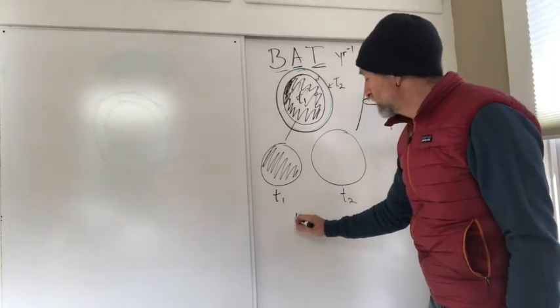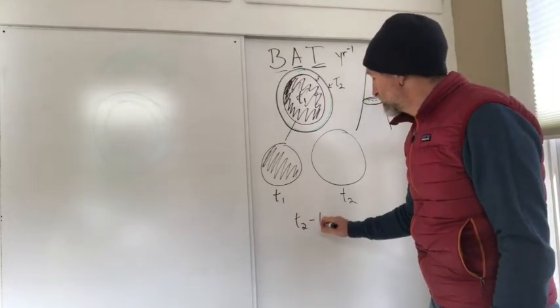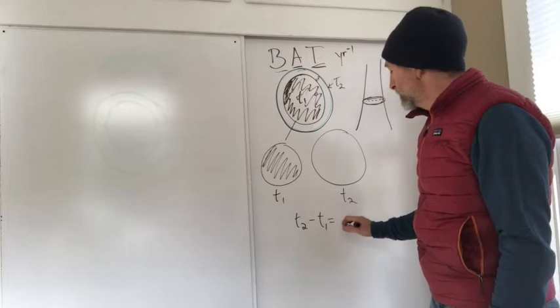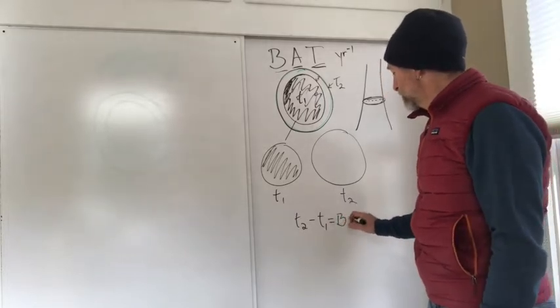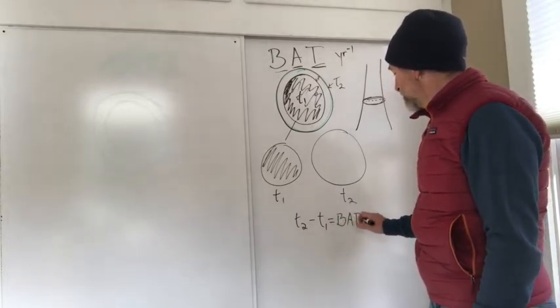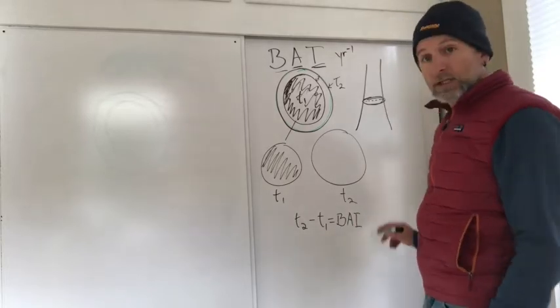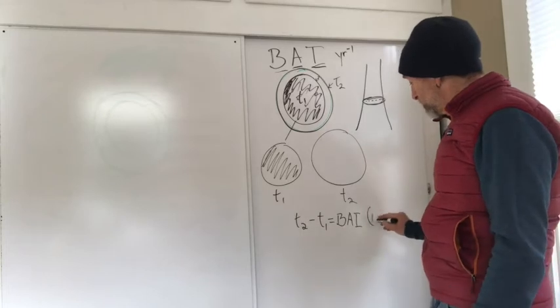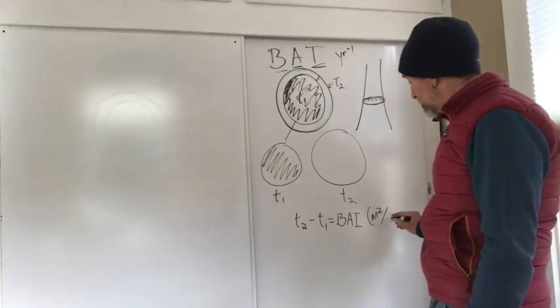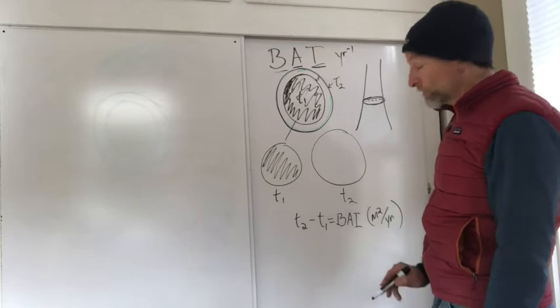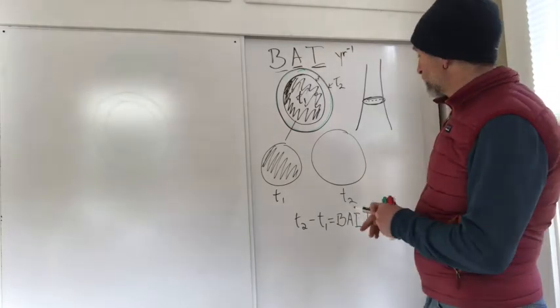So we could say T2 minus T1 equals basal area index. And because we're looking across time, our units are going to be something like maybe meters squared basal area per year, for example.